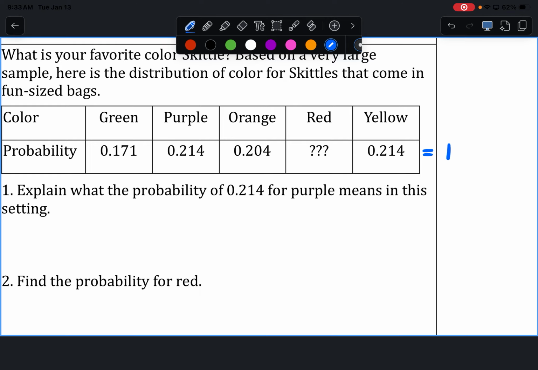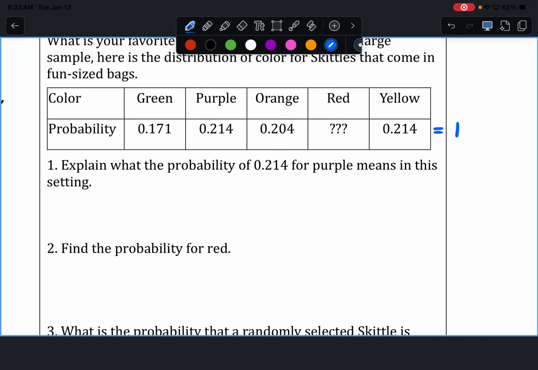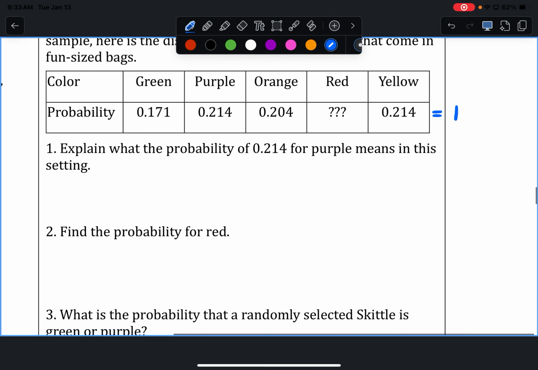1. Now, it says explain what the probability of 0.214 for purple means in this setting. What does that mean is happening? That there's a 2 1 4 chance? How would I write a decimal into something that makes more sense to a lot of people? A fraction, a percent. Well, how would I write it as a percent?